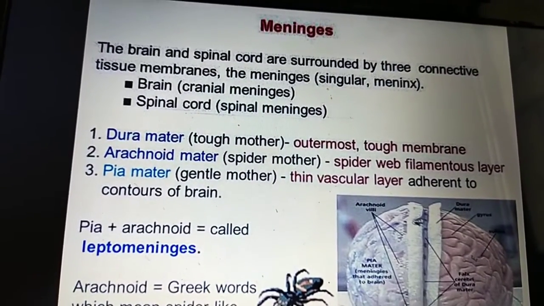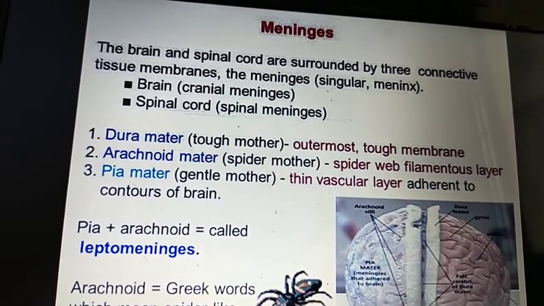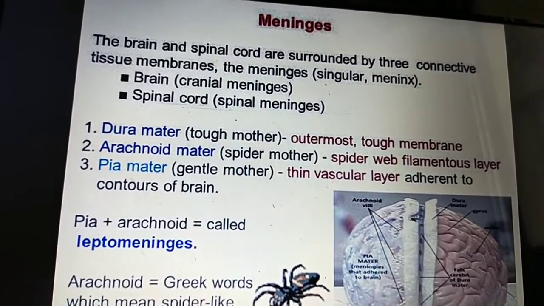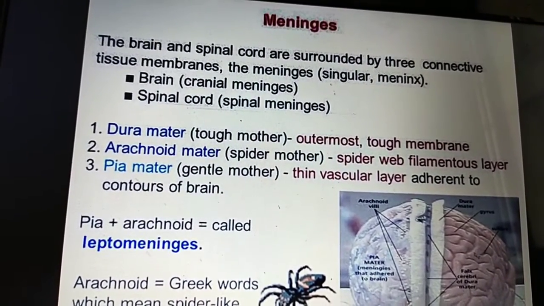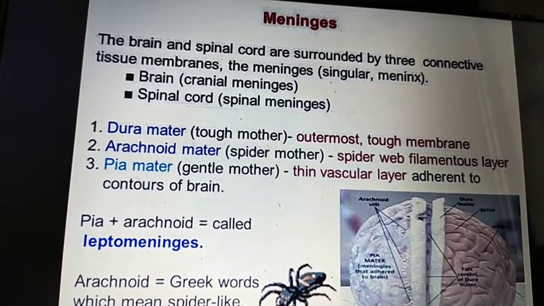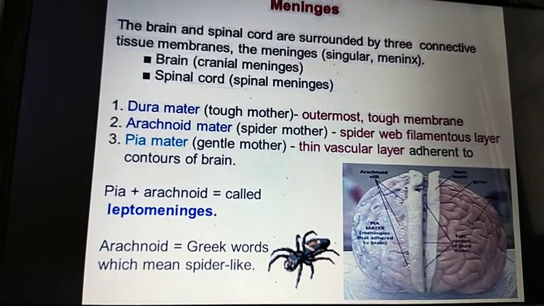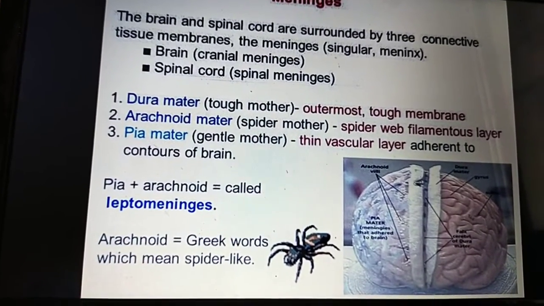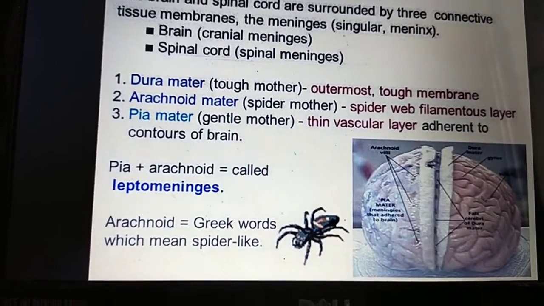It looks like a spider, that's why it is called spider. The spider web filamentous layer. Pia mater is gentle mother, a thin vascular layer adherent to the surface of the brain. Pia plus arachnoid is called leptomeninges. And arachnoid is a Greek word which means spider.